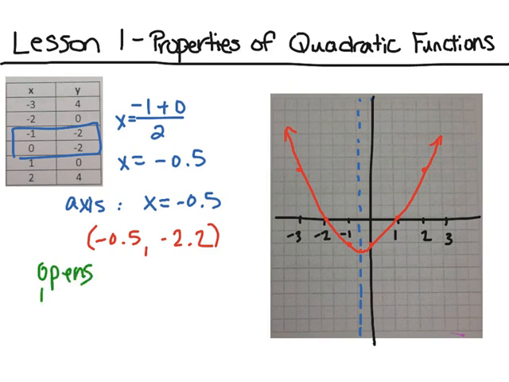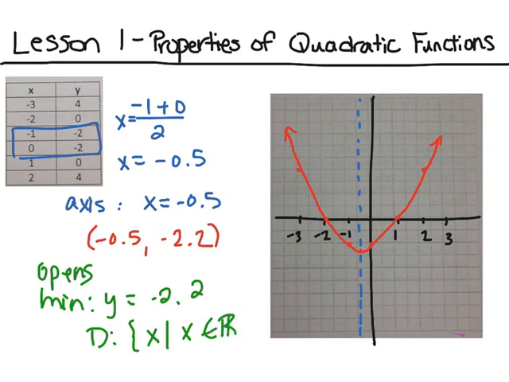So we have a minimum of y equals -2.2. Our domain is {x such that x is an element of the real number set}. And our range is {y such that y is greater than or equal to -2.2}. So there's our domain, range, vertex, axis of symmetry, and it opens up.